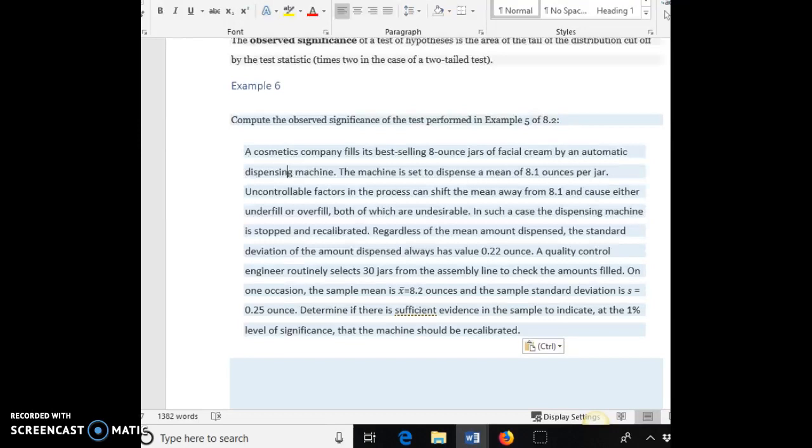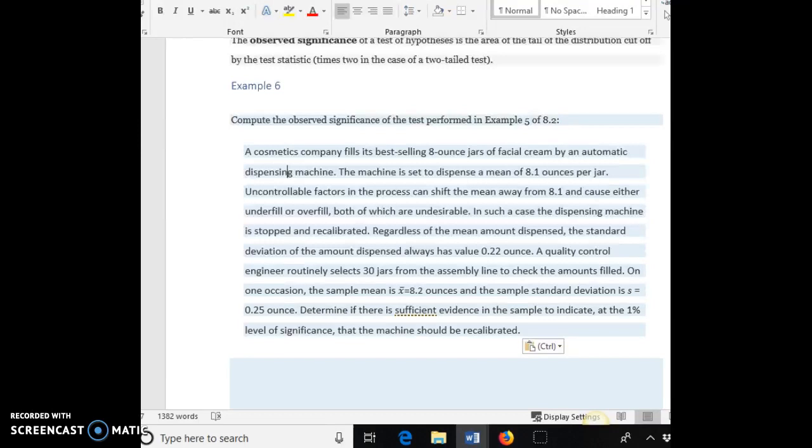In such a case, the dispensing machine is stopped and recalibrated. Regardless of the mean amount dispensed, the standard deviation of the amount dispensed always has a value of 0.22 ounces. A quality control engineer routinely selects 30 jars from the assembly line to check the amounts filled. On one occasion, the sample mean is 8.2 ounces and the sample standard deviation is 0.25 ounces.